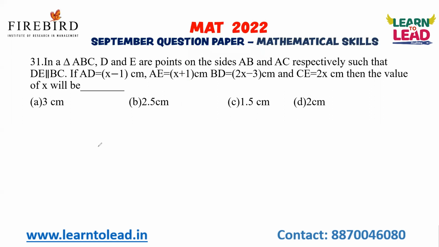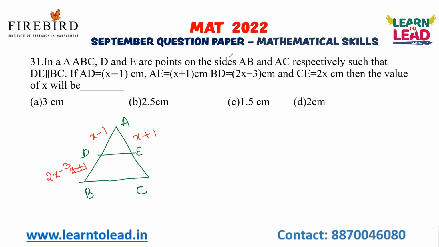Now see here, in triangle ABC, let us take a triangle ABC. D and E are points on AB and AC, and they have given that DE is parallel to BC, AD is equal to X minus 1, AE is X plus 1, BD is 2X minus 3, and CE is 2X.